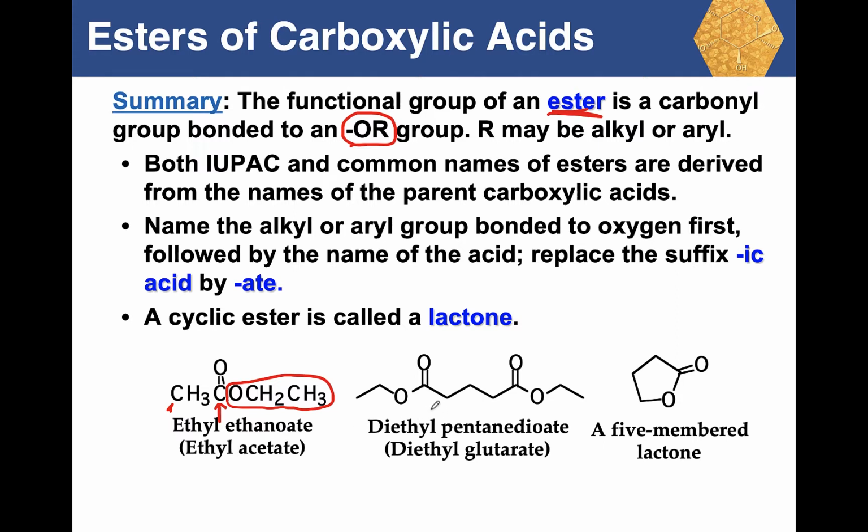Here's a diester. So here's one ester functionality, and here's another ester functionality. So you should be able to recognize the ester functional group. Here is a cyclic ester, a lactone, and this is a 5-member ring lactone. So you should be able to recognize these functional groups.